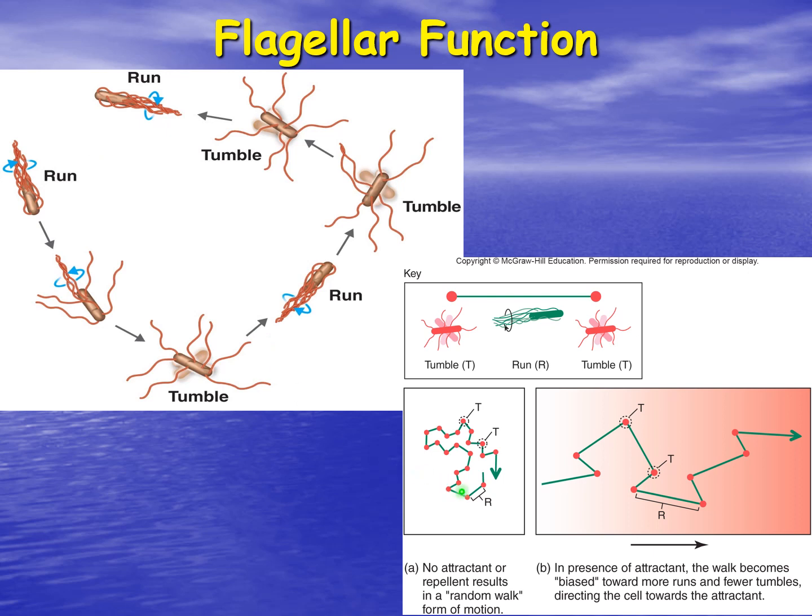And this actually shows if there's no attractant or repellent, we just get kind of this random movement through the environment. But if there is an attractant, the walk becomes biased towards more runs and fewer tumbles, and therefore we kind of get this forward momentum, even though we're kind of going at a stumbling rate with the tumble.